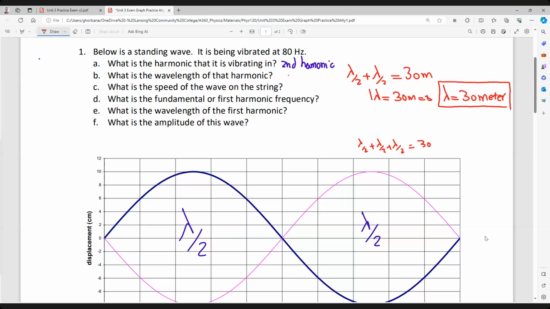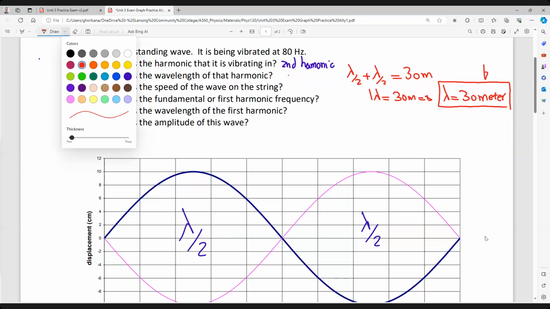Let me erase these. This is going to be part B. Now part C: what is the speed of the wave on the string? Let me use a different color.